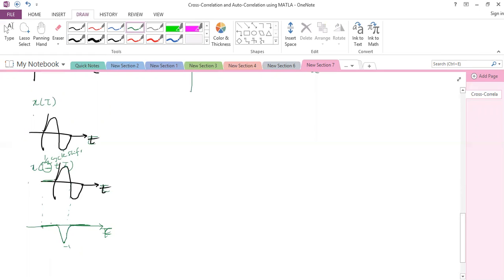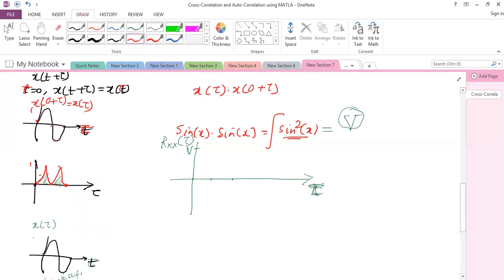Now what has happened to the amplitude? If you integrate the area in this curve, it is some negative value. Okay. And that is not a complete two half cycles, it is just one half. That will be something like half of V. So it will be minus V by 2. So at this point the value will not be minus V, instead it is minus V by 2. Okay.